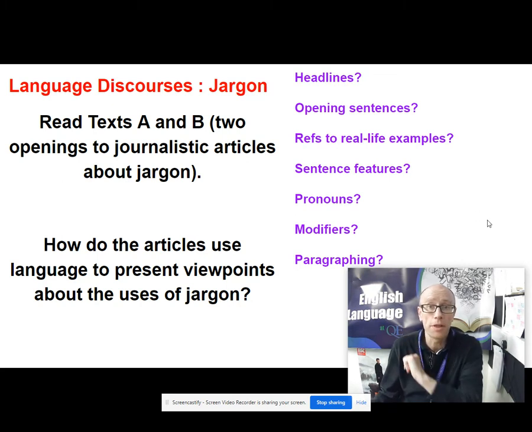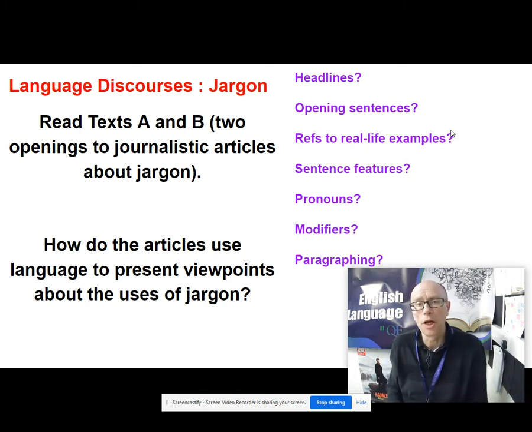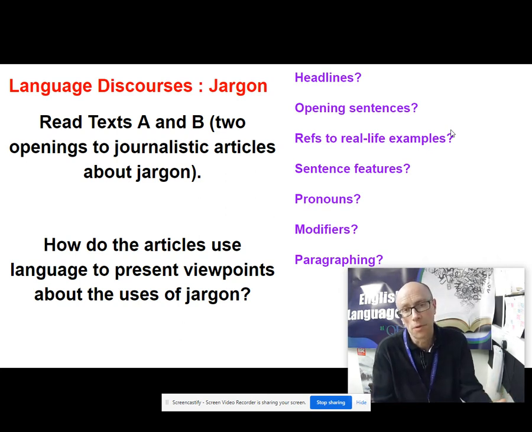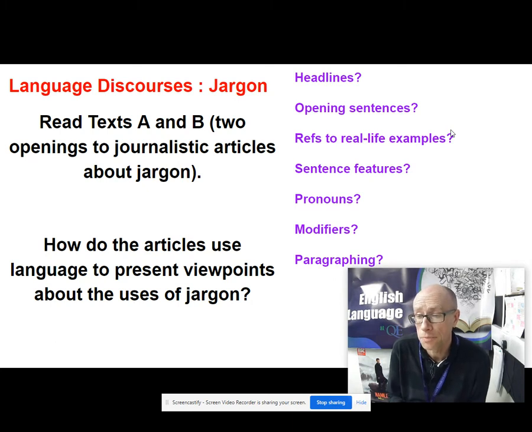Look also at the opening sentences, right? Opening sentences are very interesting because the journalist is trying to pull you into the shop. So there you are standing at the window and you're looking in the shop window, and the opening sentence is going to decide, is that person going to go on and read the article? So quite often you get things like anecdotes or startling statistics or jokes.